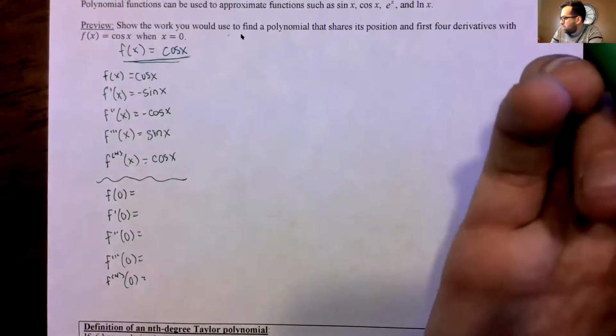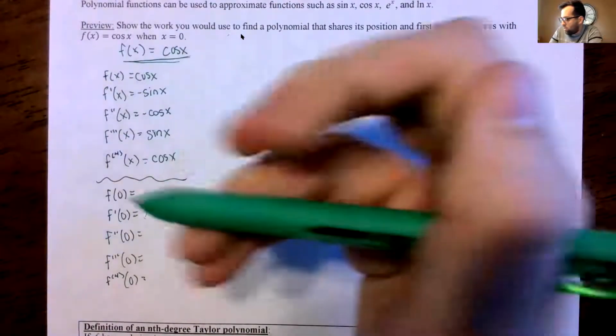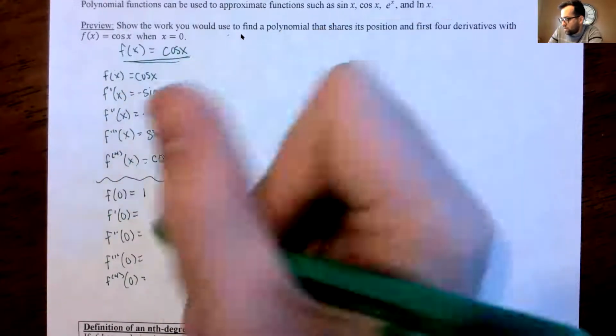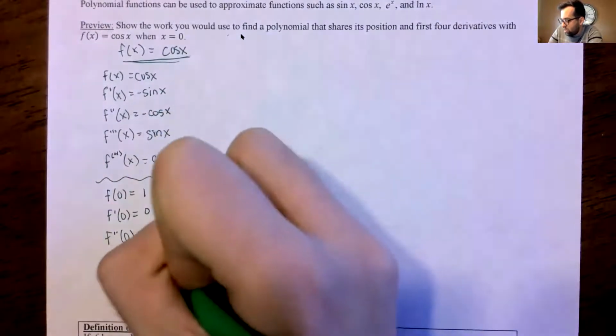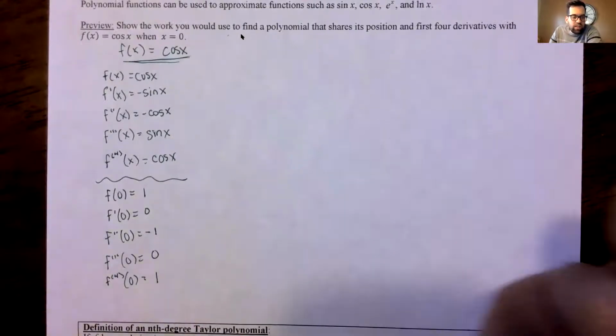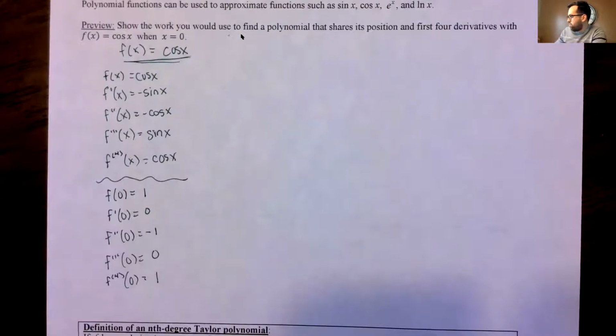And if we think about our unit circle, we can get these. Cosine of 0 is 1. The negative sine of 0 is 0. Negative cosine will be negative 1, and then 0, and then 1. And that pattern is going to continue, but we're really only interested up to here. So now we're going to try to figure out our polynomial approximation.